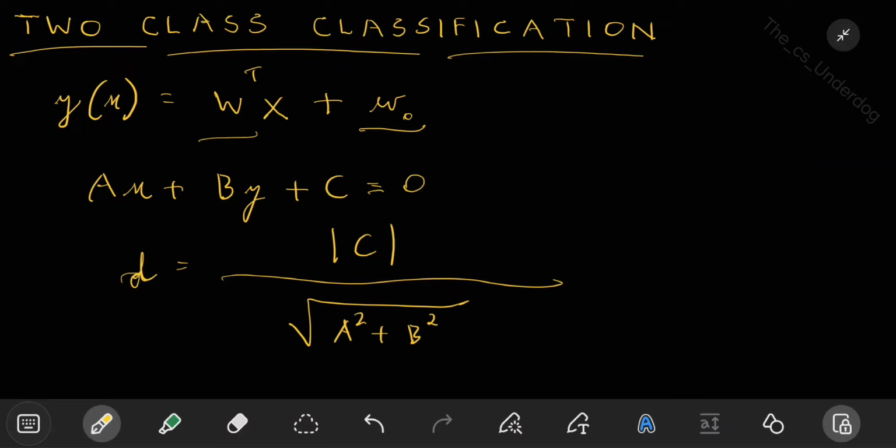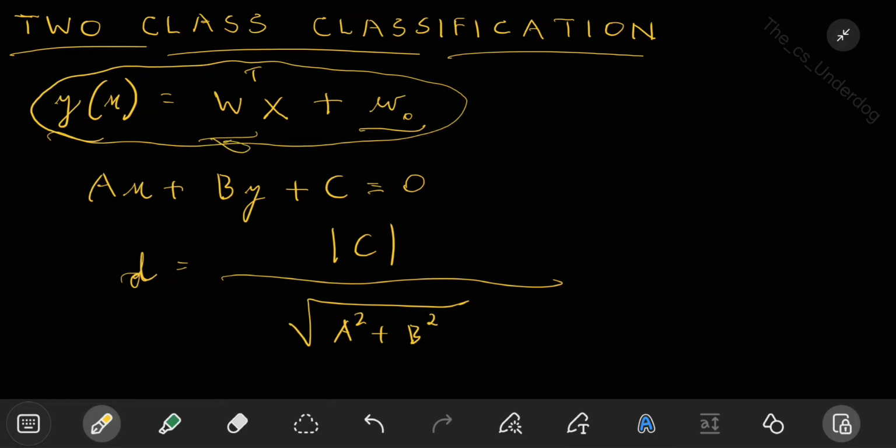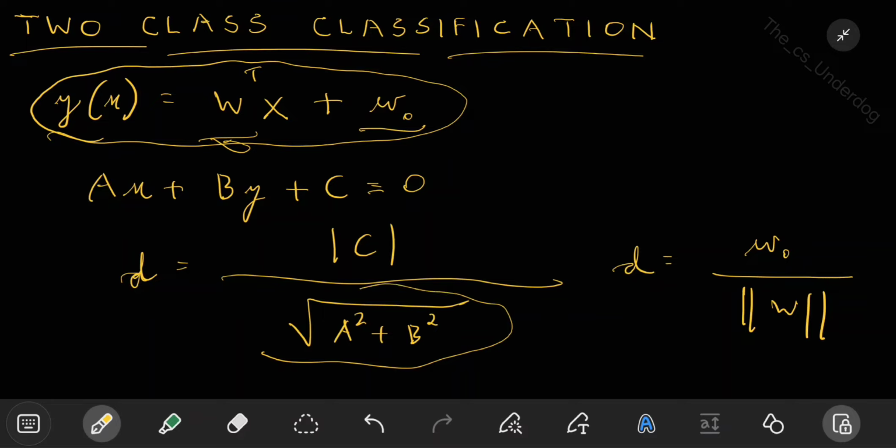If you apply the same logic into this equation, here the coefficient is w transpose and w0. If you apply the same logic, you will get d is equal to w0 divided by norm w. This is what you will get, because instead of root a square plus b square, the corresponding term will be norm w here.